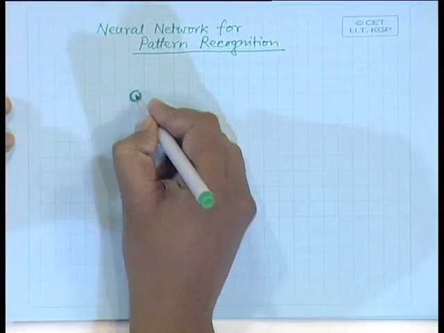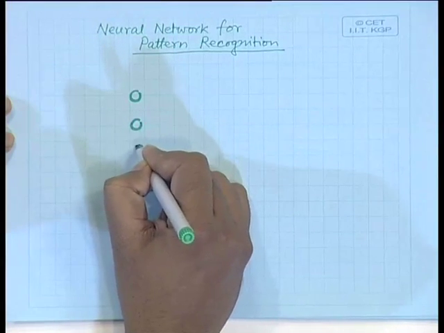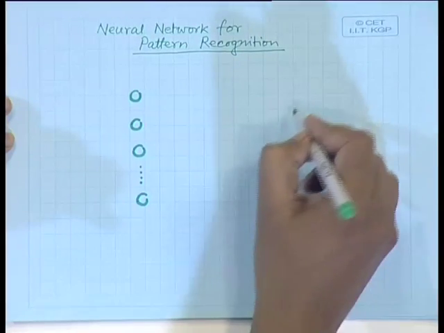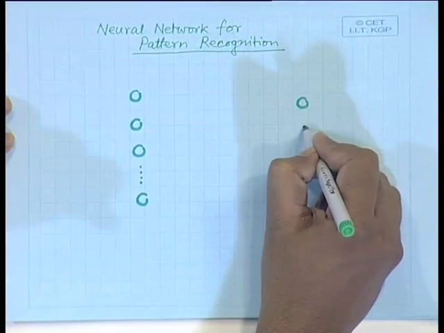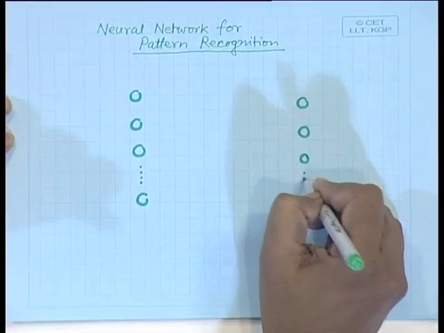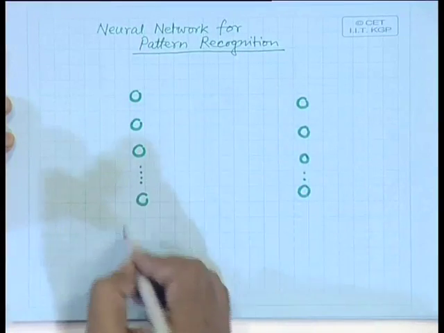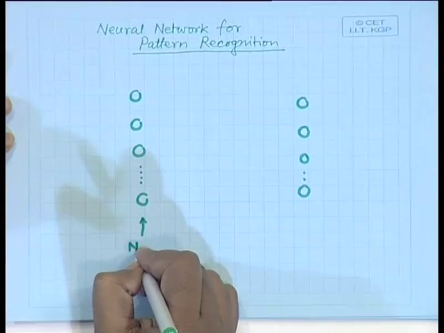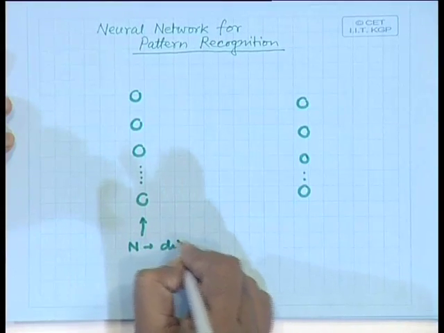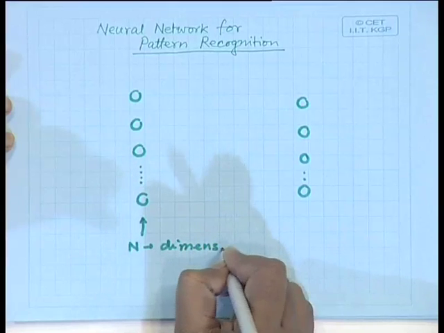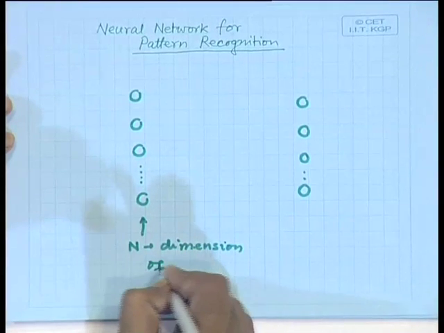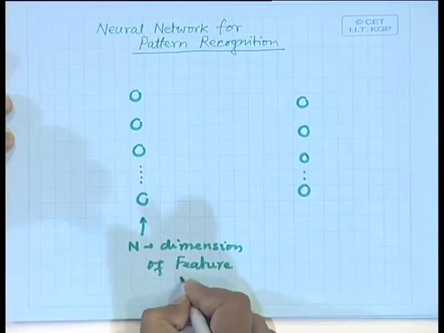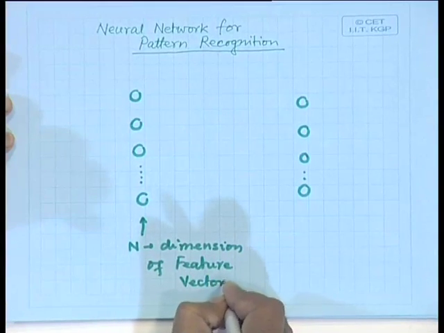We have a multi-layer neural network with a number of input nodes, and the network has a number of output nodes, where the number of input nodes is the same as the dimensionality of the feature vectors.